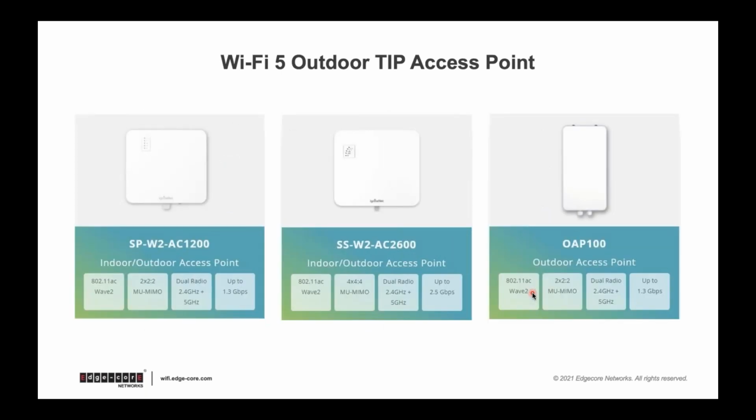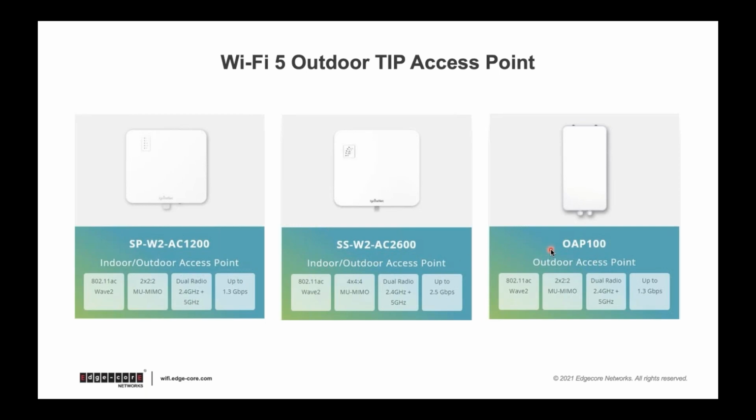In addition, we also support Wi-Fi 5 outdoor APs: the SPW2 AC1200, which is a 2x2 dual radio AP, and the SSW2 AC2600, which is a 4x4 dual radio AP.